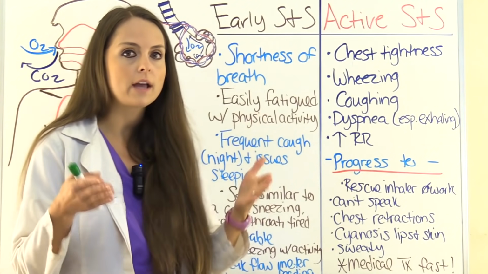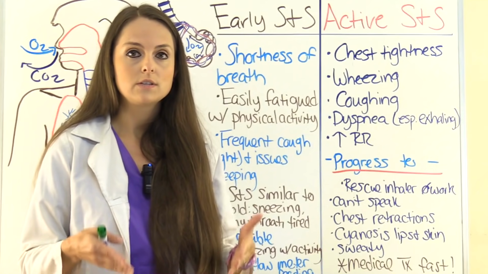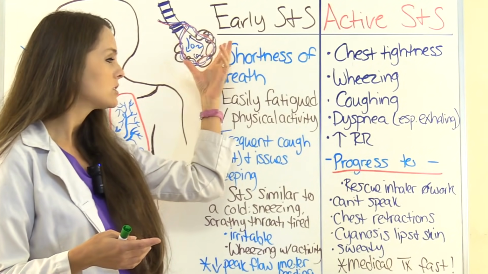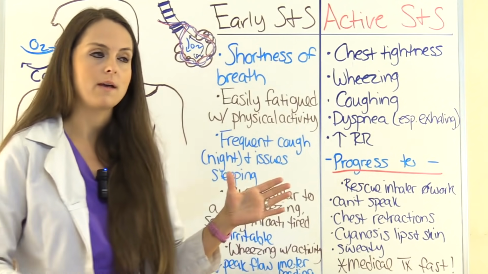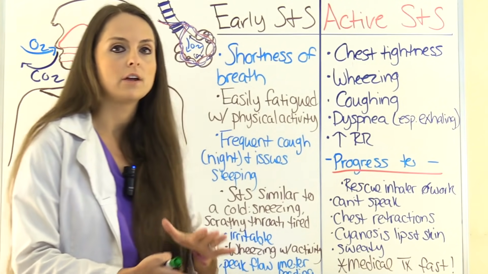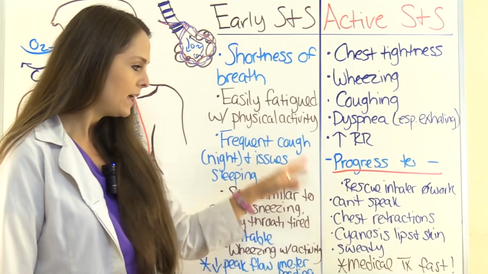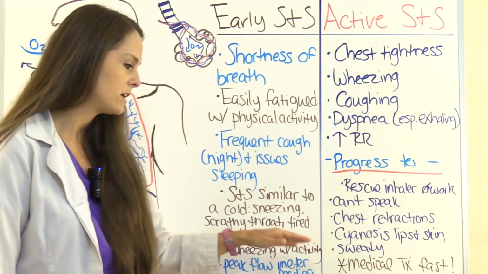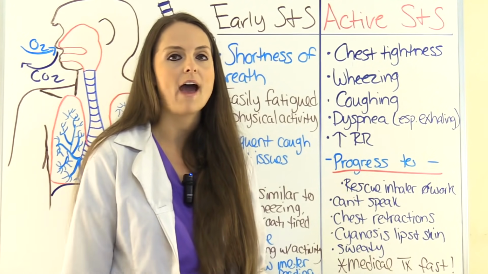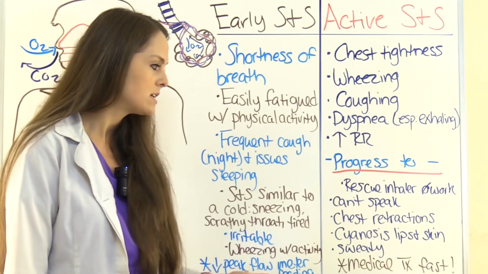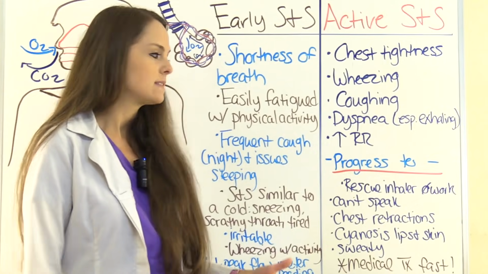This is where they are not getting oxygen to the tissues, because remember that oxygen exchange is not happening in that capillary bed. We're not having the airflow because of the air trapping. Also, they'll become sweaty. And when these are happening, the patient needs medical treatment really fast. They may need to be intubated, get mechanical ventilation, IV corticosteroids, and things like that.